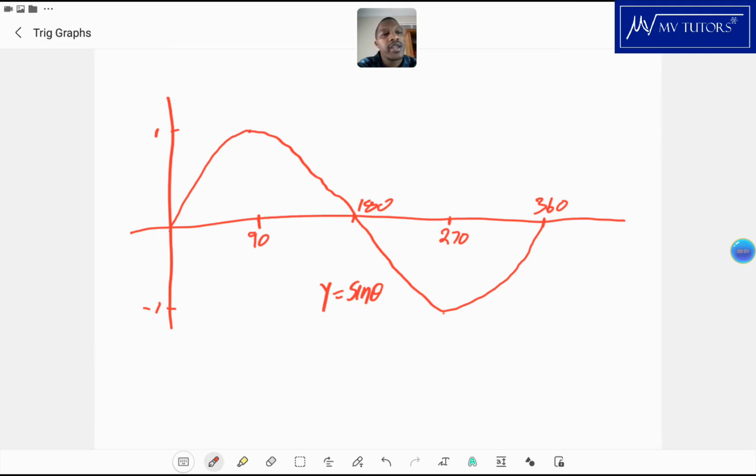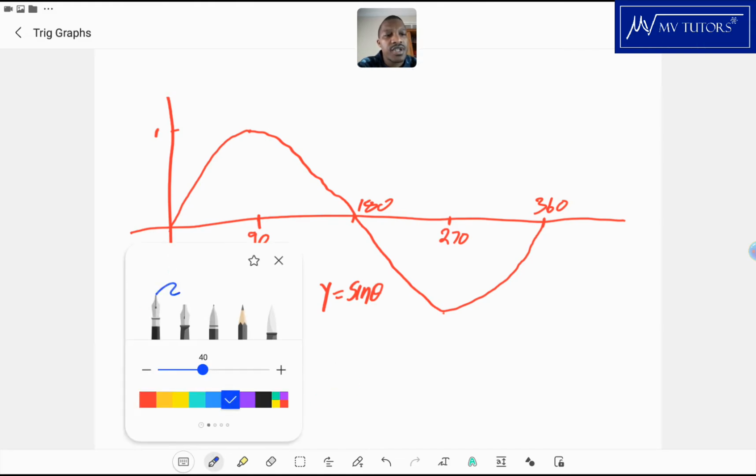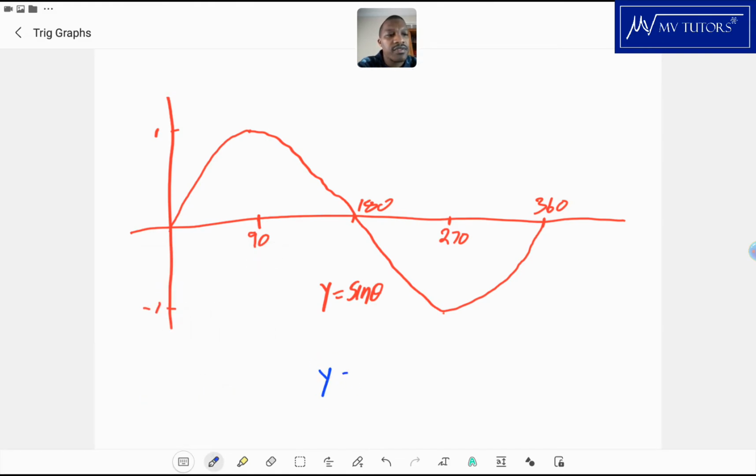All right, here we are again. So this is the original graph right here. Now, let's say they give you this. Check this out. Let's say they give you that. Sine, and then brackets theta minus 30. Okay, what does that affect, you say?